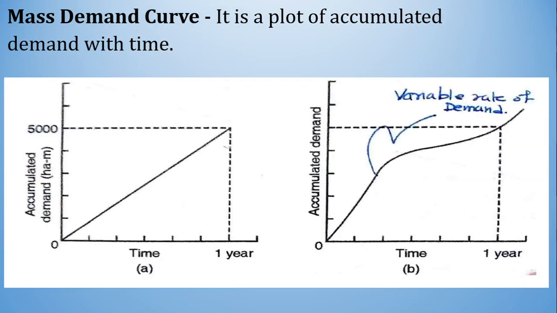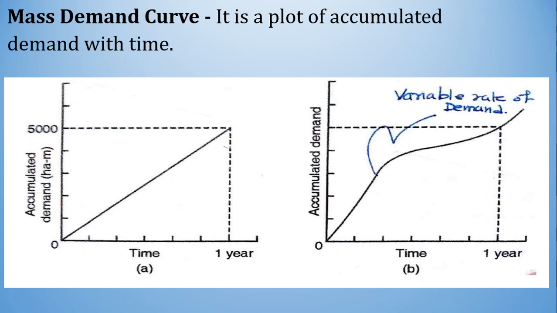Then the mass demand curve, just like the mass inflow curve. It is a plot of accumulated demand with time. Whenever there is water, there will be demand from various uses, like agriculture, industrialization, and household. There are various demands. When they are cumulatively taken into consideration, in a single word we call it the demand.